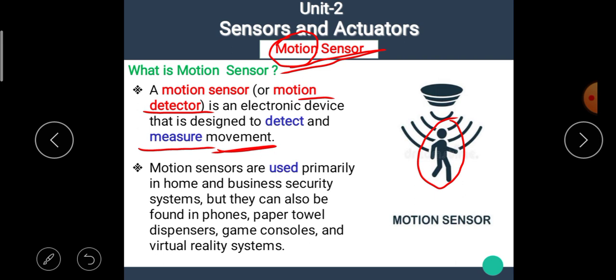Motion sensors are used primarily in home and business security systems, but they can also be found in phones, paper towel dispensers, game consoles, and virtual reality systems. That means there is a wide range of applications for motion sensors.